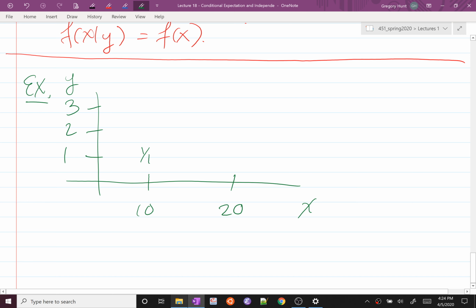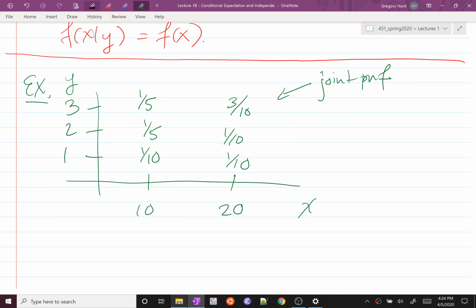And I'm just going to write out my values for my joint PMF. Okay, so let's write out some values. I can check that this sums to 1: 2 tenths, 2 tenths, 4 tenths, 5 tenths, and 5 tenths, so the whole sum is 1. So this is a valid joint PMF.